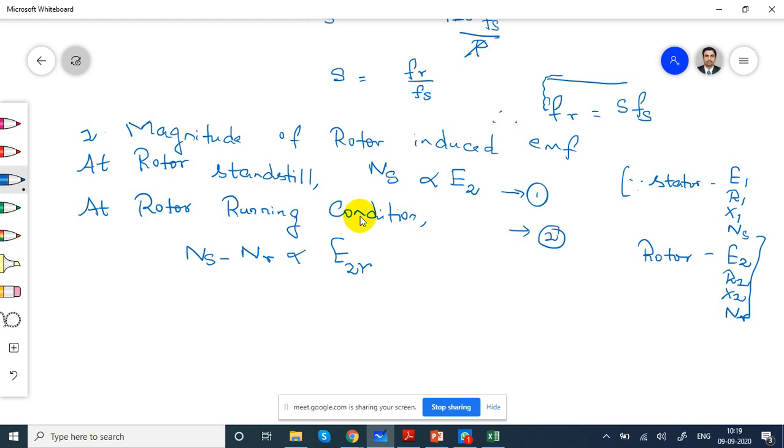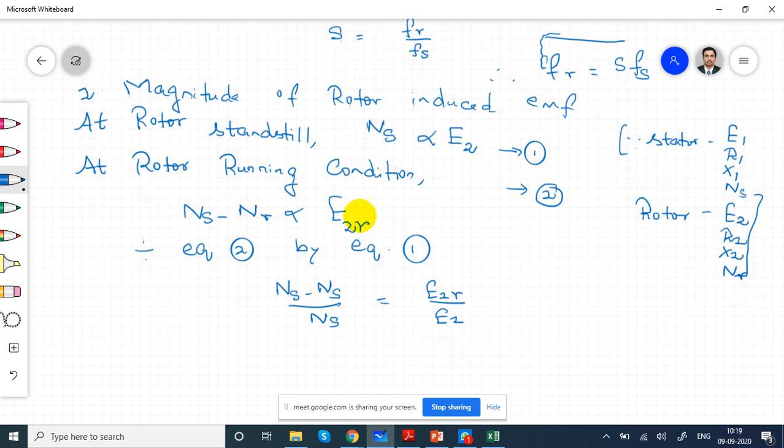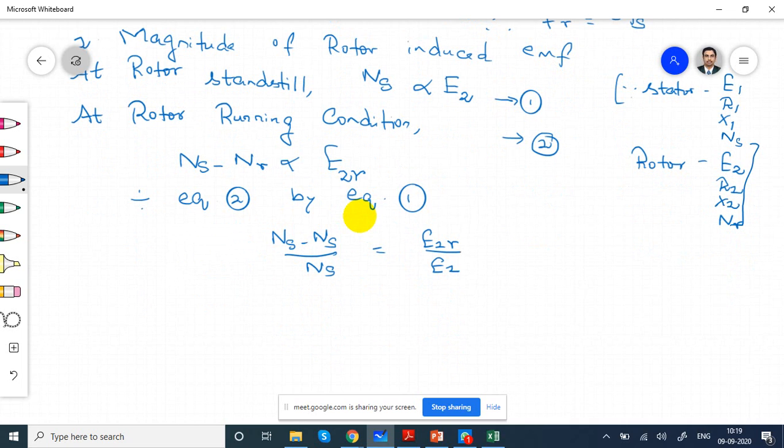Same, we divide equation number 2 by equation number 1. We will get (ns minus nr) divided by ns equal to E2R by E2.